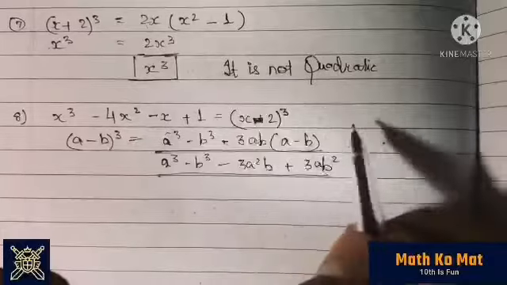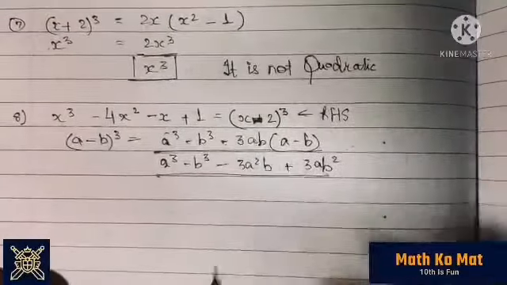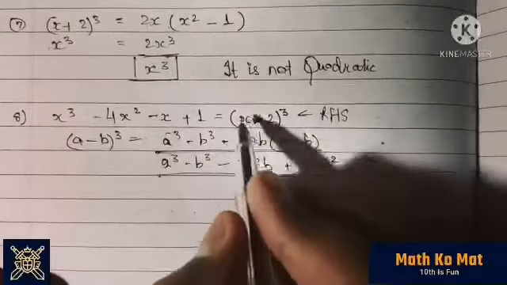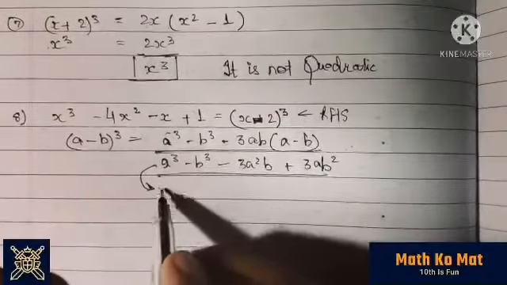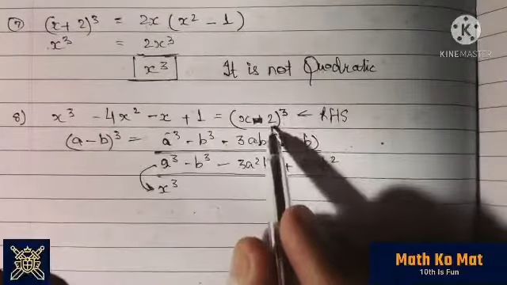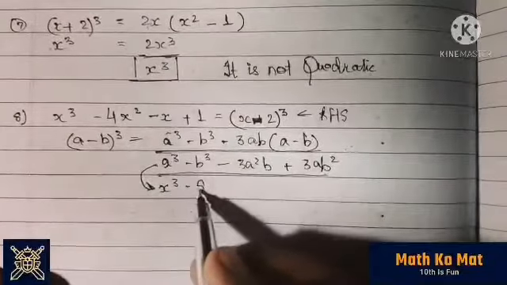So let's find out the value of the RHS first. So this is your RHS. Here as you can see, a cube, a is x, so you can always write it in the form of a cube, so it means x cube, minus b cube, b is 2, so 2 cube as we know is 8, so minus 8.